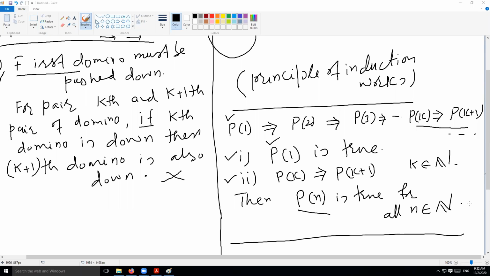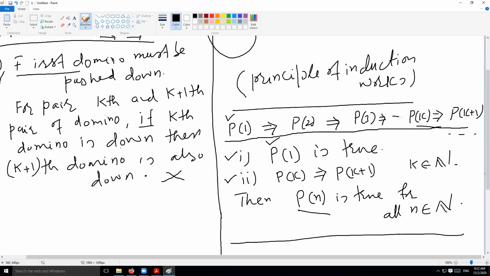The principle of induction is talking about basically an infinite number of statements actually. So this is something interesting, that you are proving an infinite number of statements, and the statements are in such a way that they are implying each other actually.